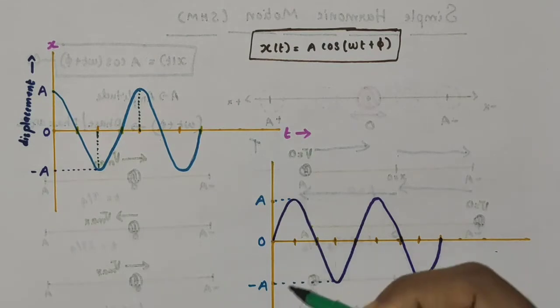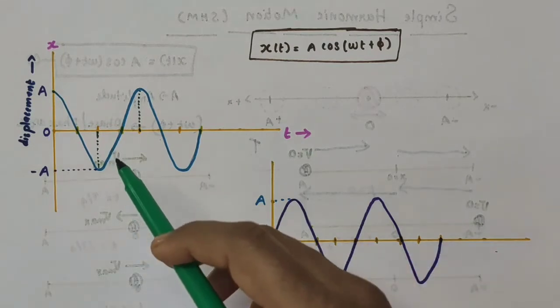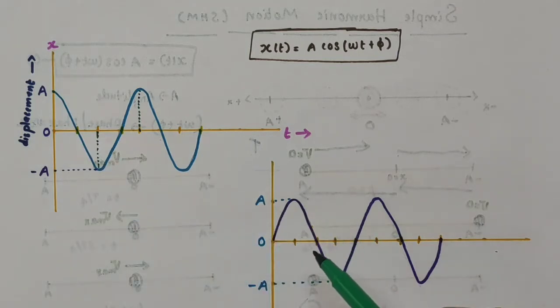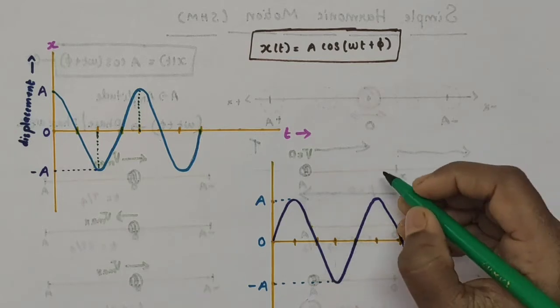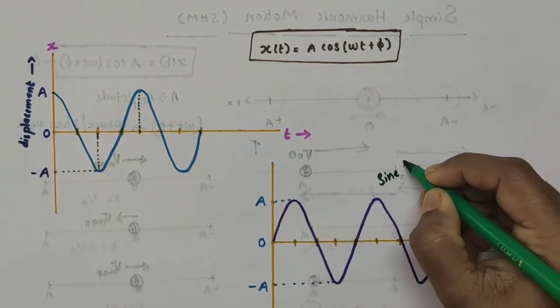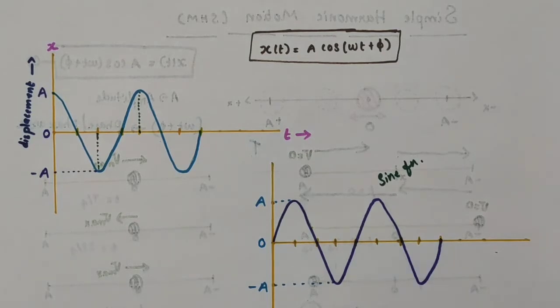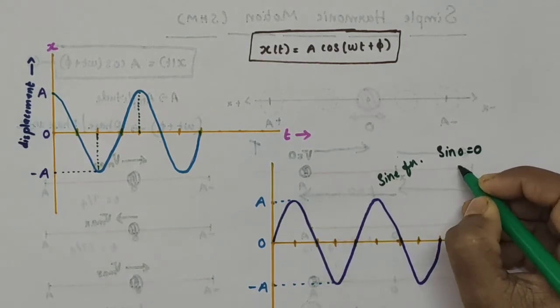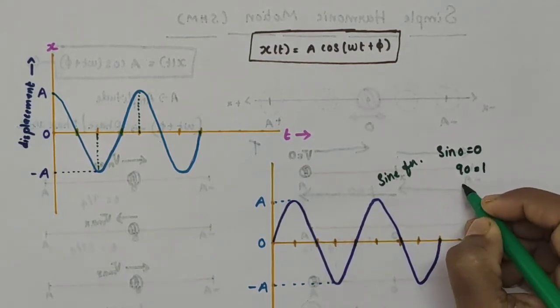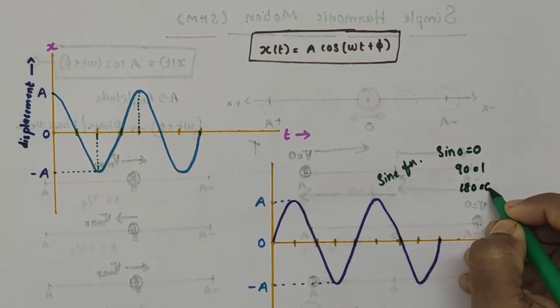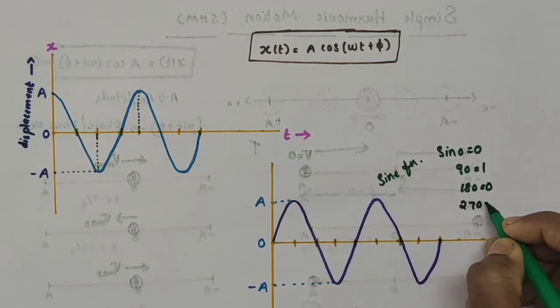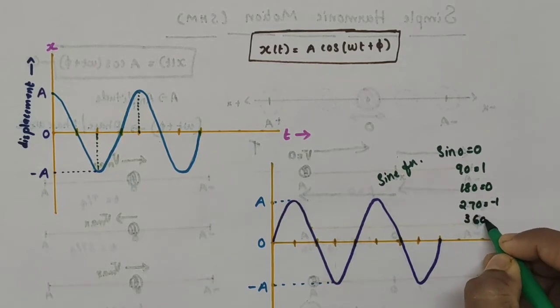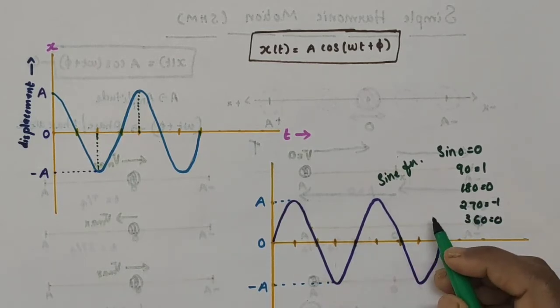Why have we drawn the graph like this and not like this? This is actually the graph of a sine function. Sine function starts from 0: sine 0 is 0, sine 90 is 1, sine 180 is 0, sine 270 is minus 1, then sine 360 again 0.